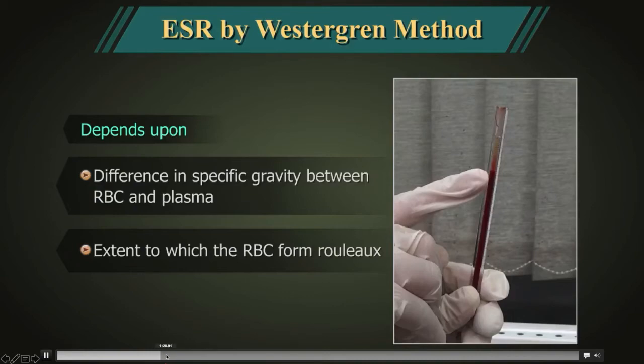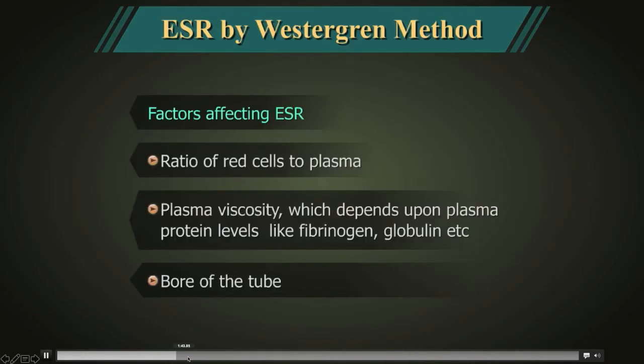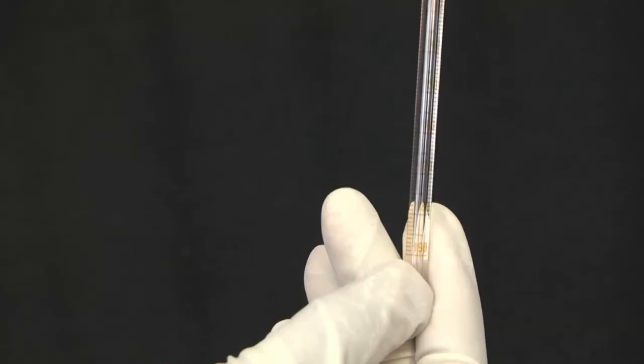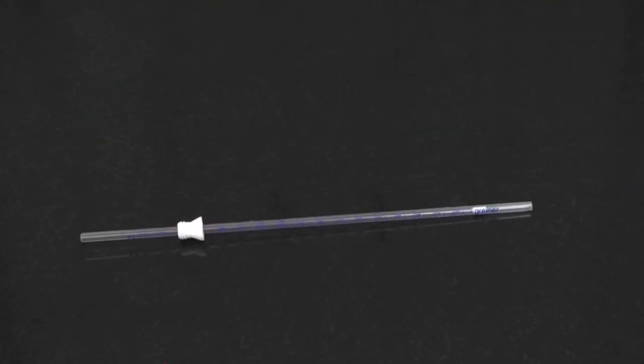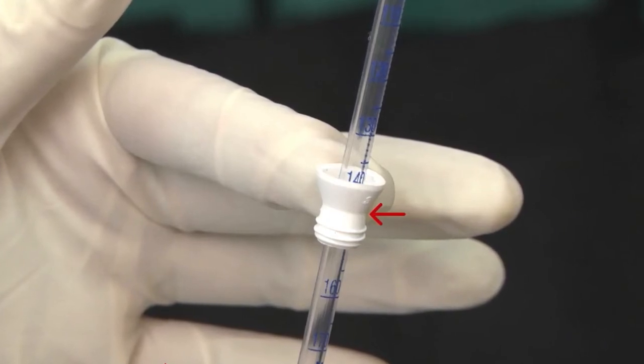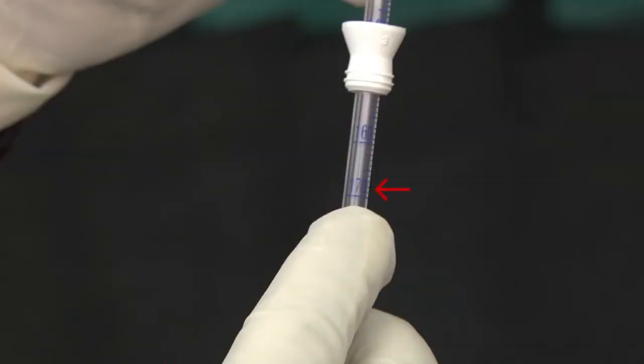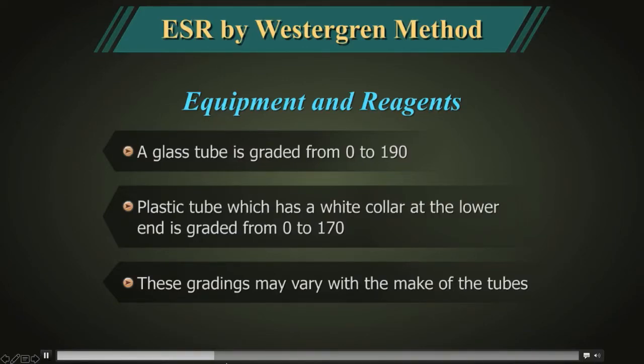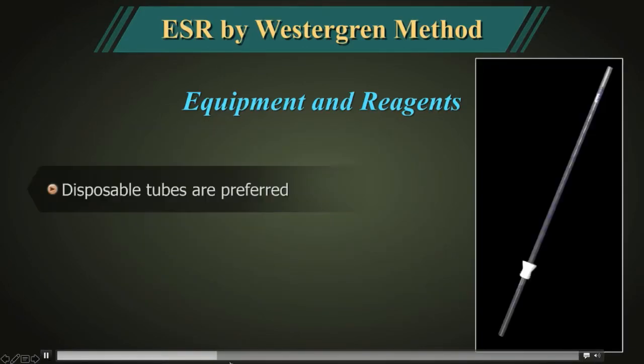Include can be disposable or made of glass. A glass tube is graded from 0 to 190, whereas a plastic tube which has a white collar at the lower end is graded from 0 to 170. These gradings may vary with the make of the tubes. Disposable tubes are preferred.